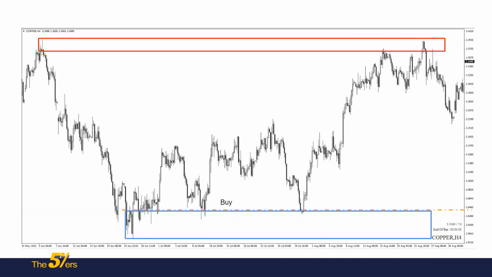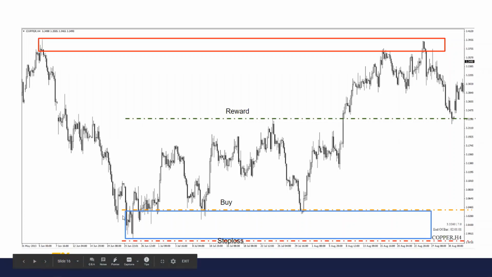Okay, so how can we build a trade? We are going to buy the decision point, and our risk will be just below the lower swing of that zone. That will dictate the risk unit that we're willing to take.